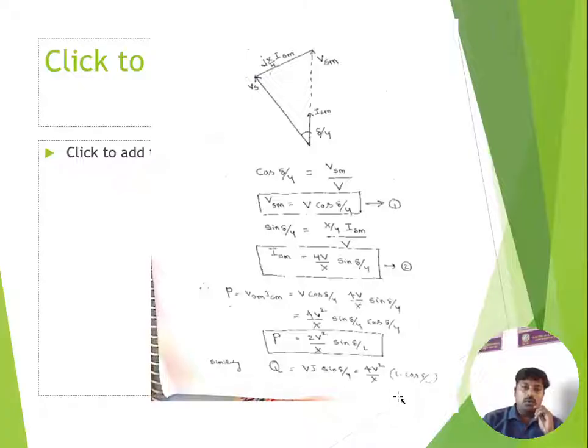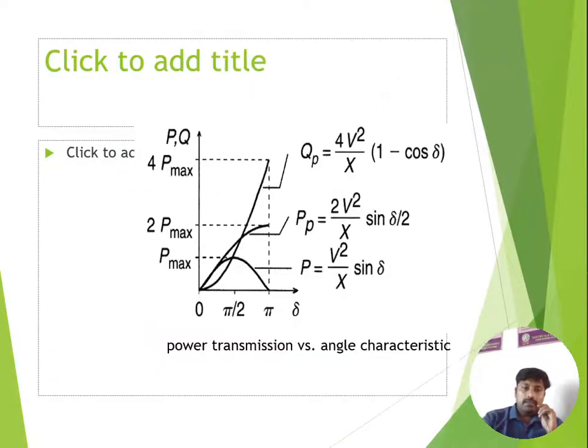So from this we can find out the power versus delta characteristics. After compensating the midpoint, we are representing here 2V square by X sin delta by 4. So these are the reactive power representation, 4V square by X 1 minus cos delta.